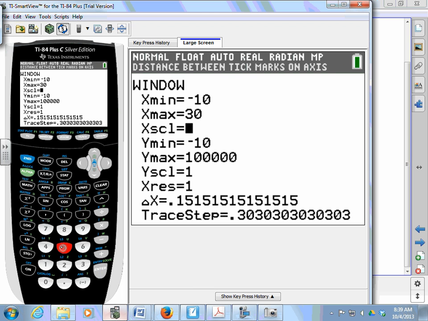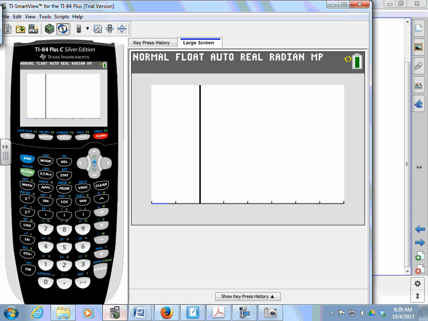What the heck? Let's see what happens. Ooh, it looks like they might cross, doesn't it?